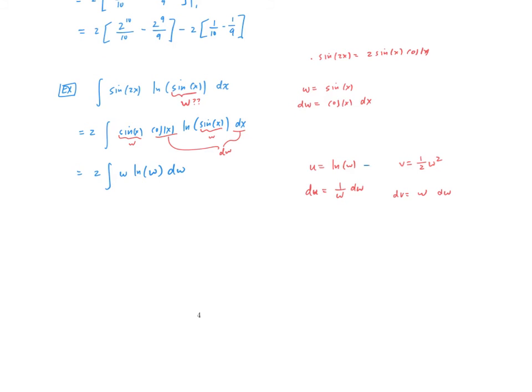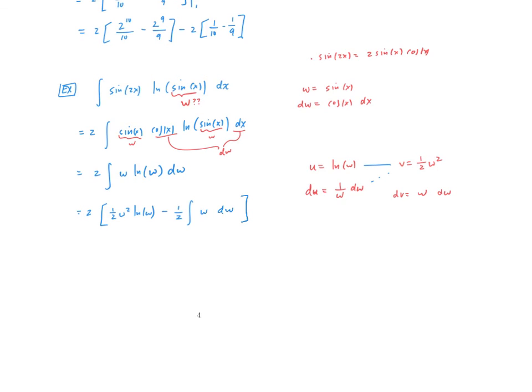So applying integration by parts, we'll let the 2 hang around out front, and we'll have uv, 1/2 w squared natural log of w, minus the integral of v du. So I'm going to pull the constant 1/2 out front, and w squared times 1 over w is a w.